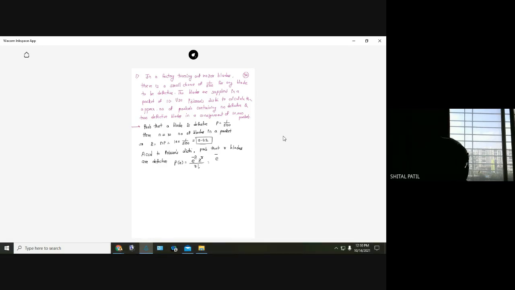So e raised to minus 0.02, then 0.02 raised to r divided by r factorial. Getting everyone? Okay, now we'll start with the A part.